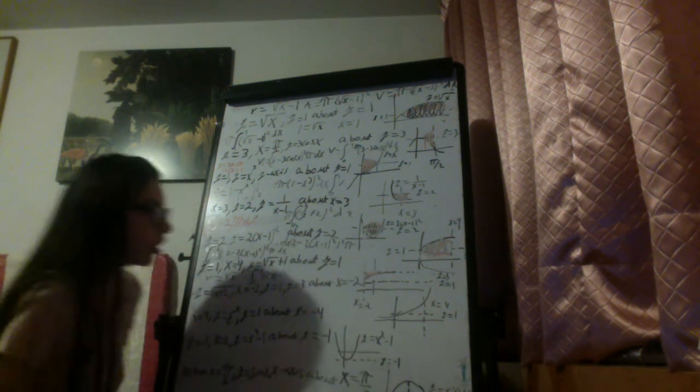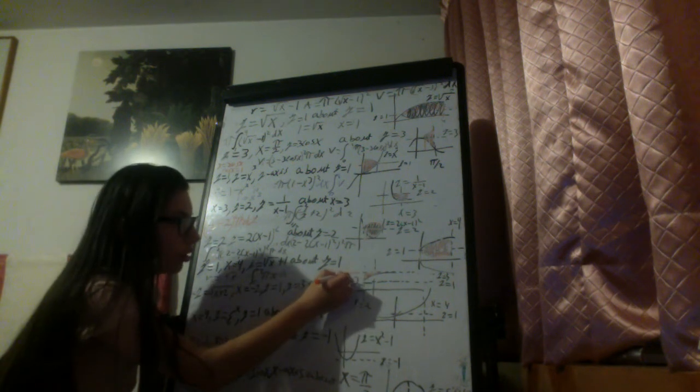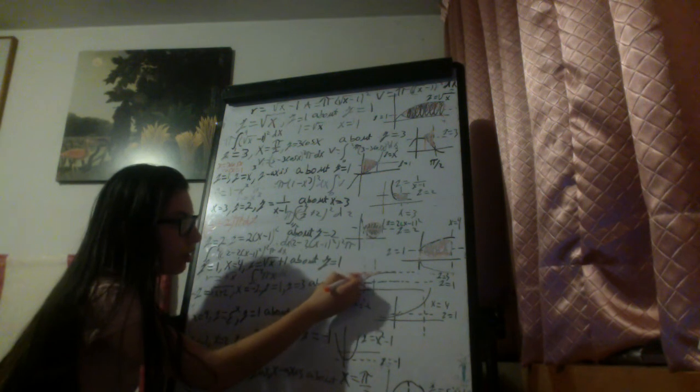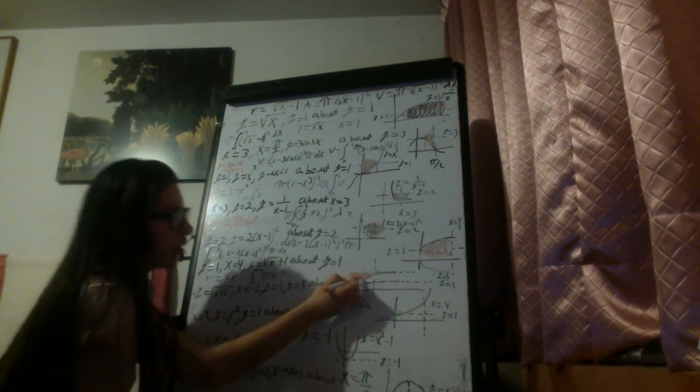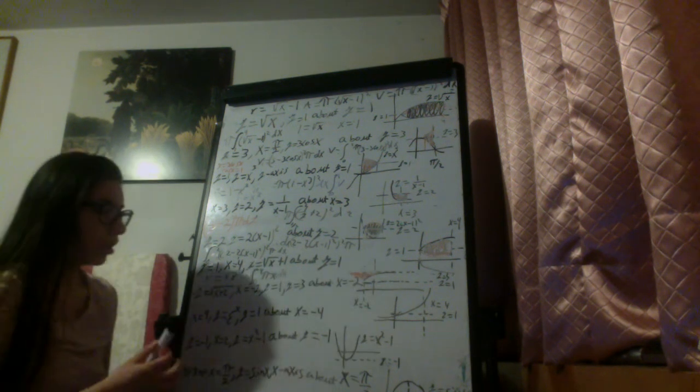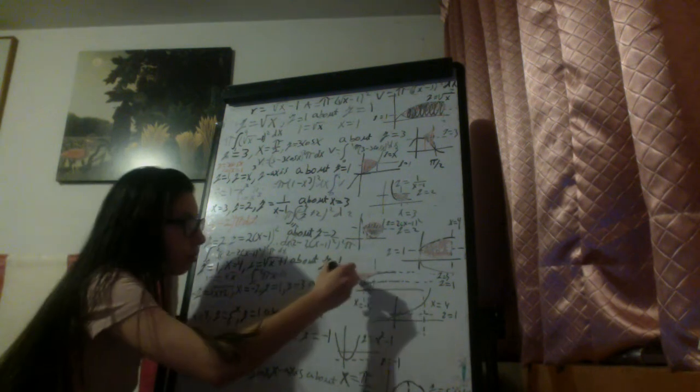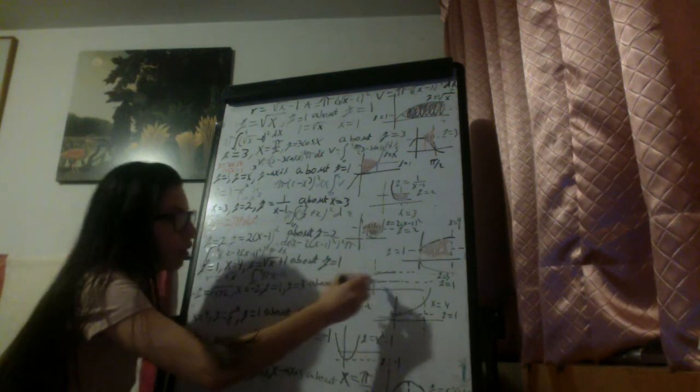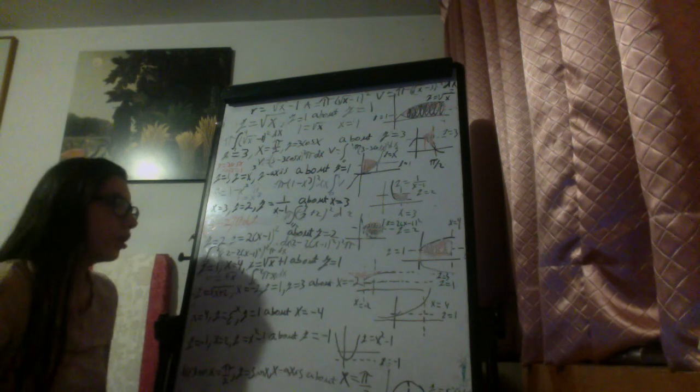If you rotate this around x equals minus 2, you will have something like this. More or less, this will be our solid, and so the cross sections will be discs.